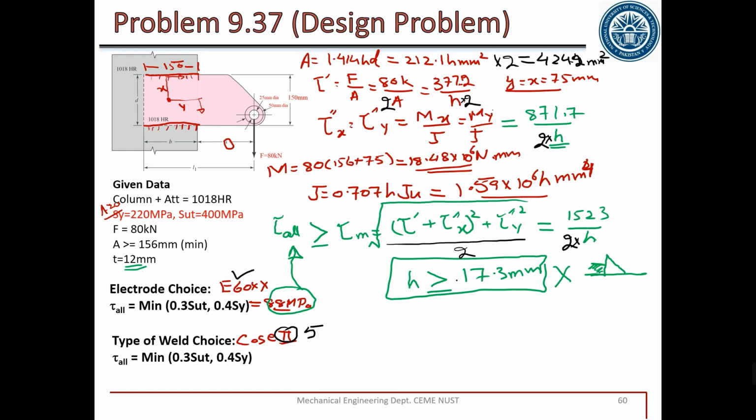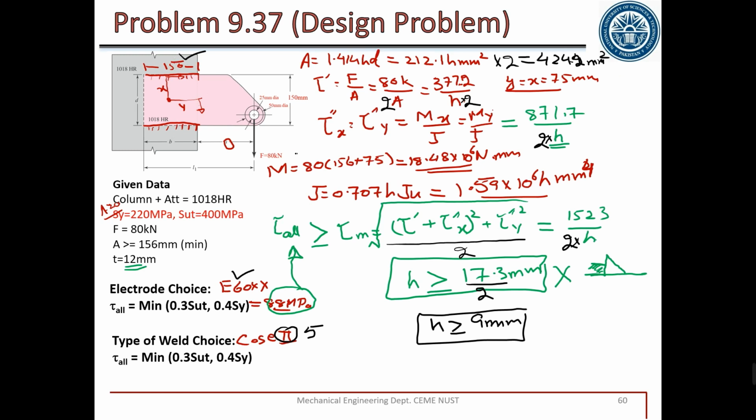And when you solve it, h will be 17.3 divided by 2. So h should be greater than or equal to 9 mm. And the thickness of the plate is 12 mm. All the remaining things remain the same. The value of 150 that we assumed is the same. Electrode is the same.